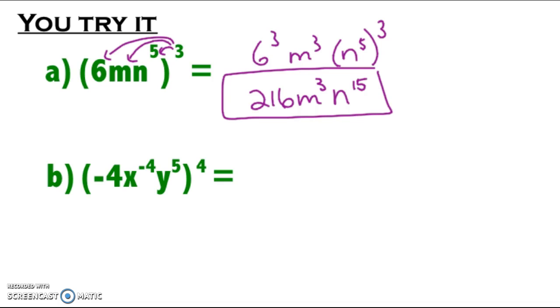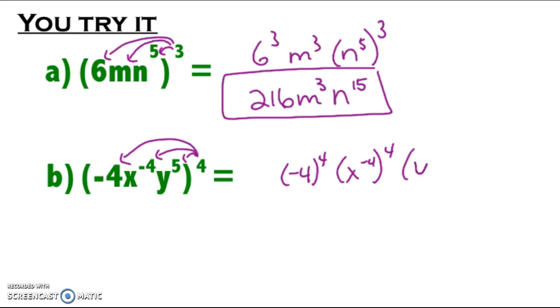All right, let's try b. So I'm going to take this 4, distribute it to each part. I'm going to have negative 4 to the 4th, then x to the negative 4 to the fourth, and then y to the fifth to the fourth. Simplifying that down, negative 4 to the fourth means negative 4 times negative 4 times negative 4 times negative 4.